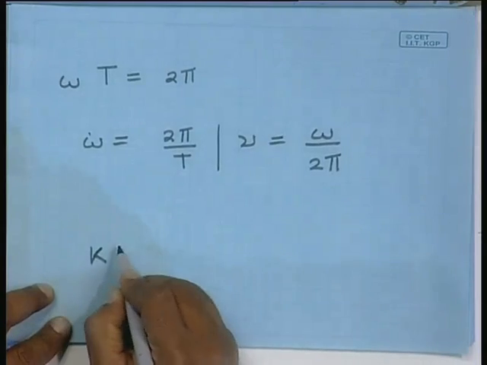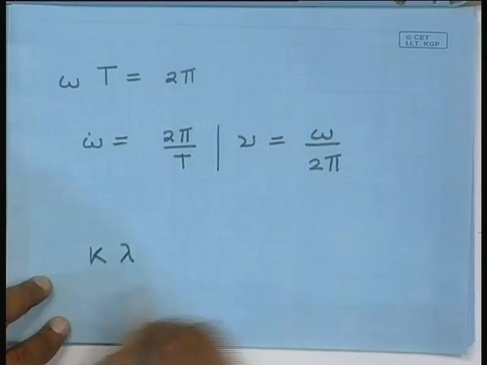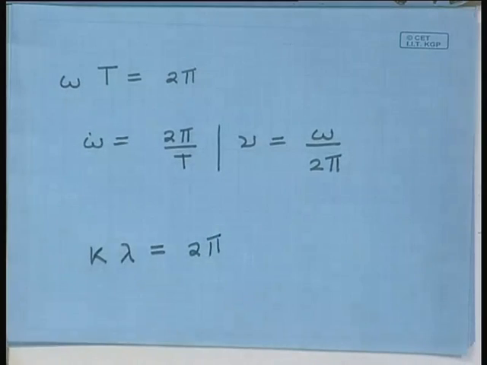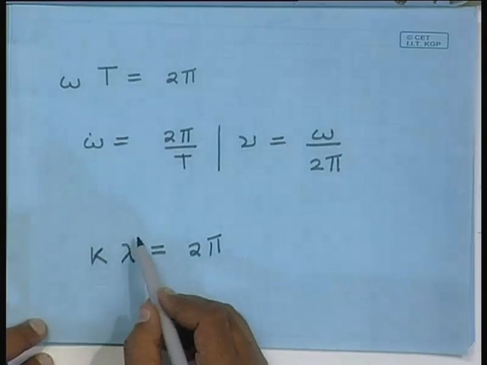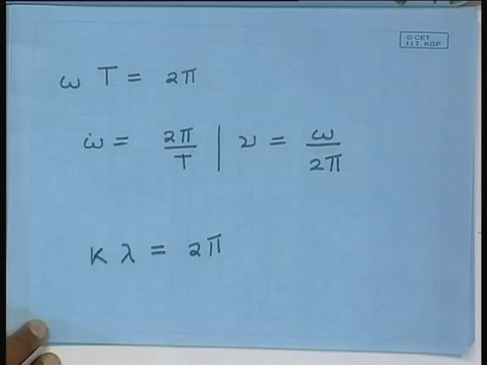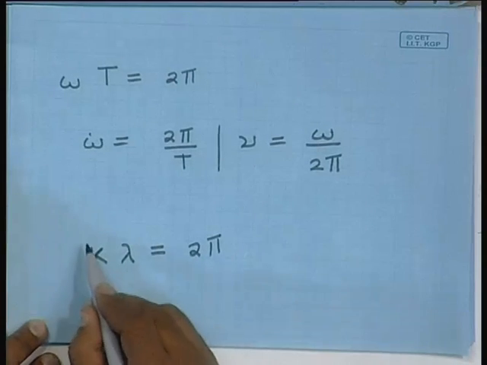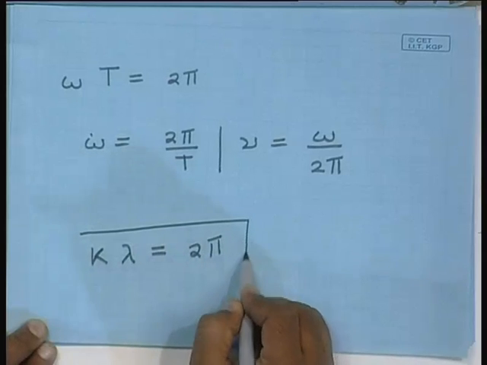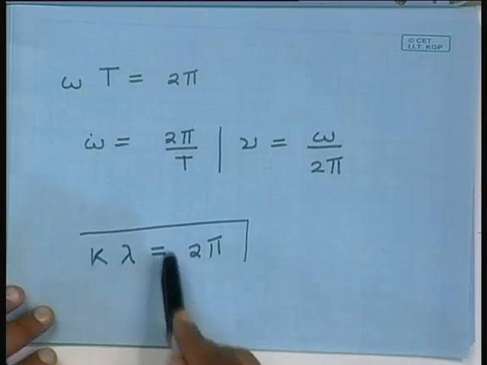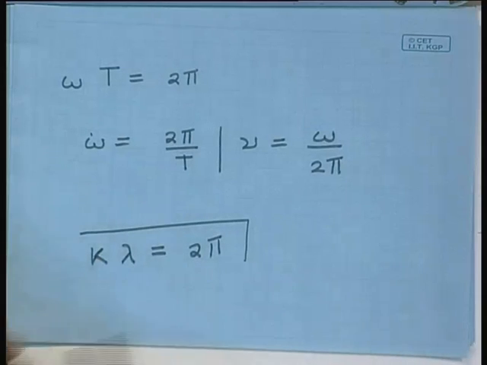So, this gives us the condition that k times the distance after which it repeats, which is called lambda, is equal to 2 pi. By definition, the value of A repeats after a distance lambda. The condition is that k into lambda should be equal to 2 pi, because cosine and sine both repeat after a phase difference of 2 pi.